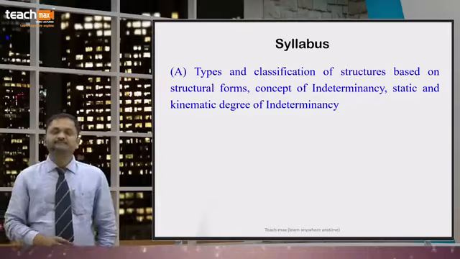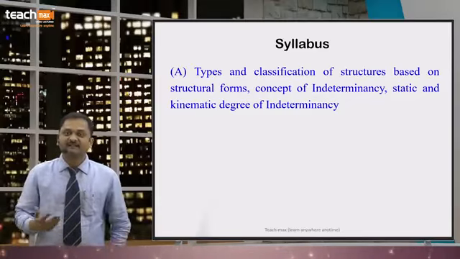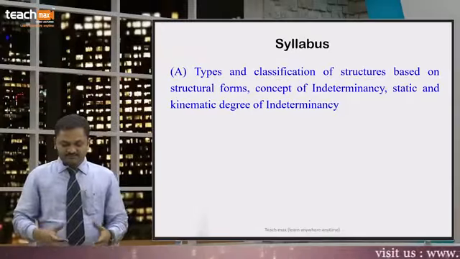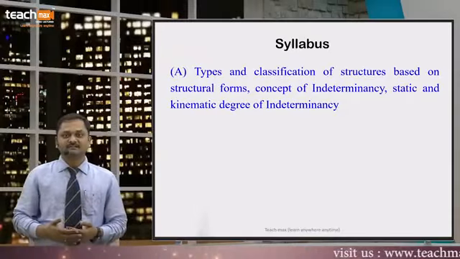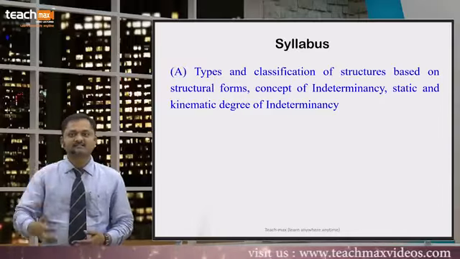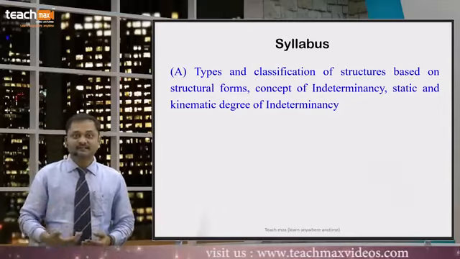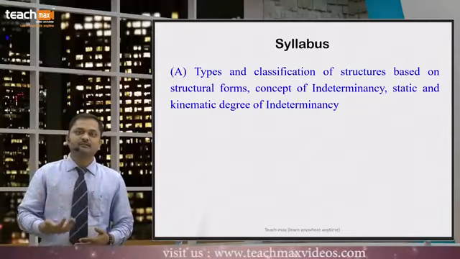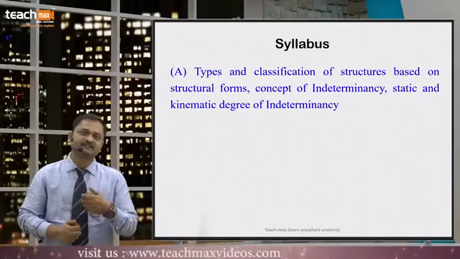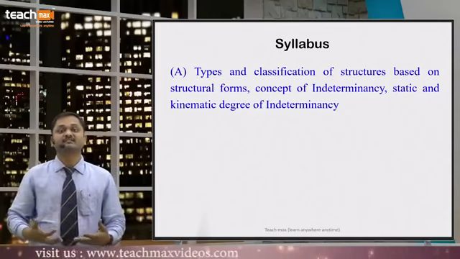In part A we are going to focus on types and fundamentals of structures, meaning exactly what a structure is, what the types of structure are, classification of structures based on structural form, structural actions, structural system, then the concept of stability, what is force, what are the internal forces developed in the structure, then what are the displacements developed in the structure.